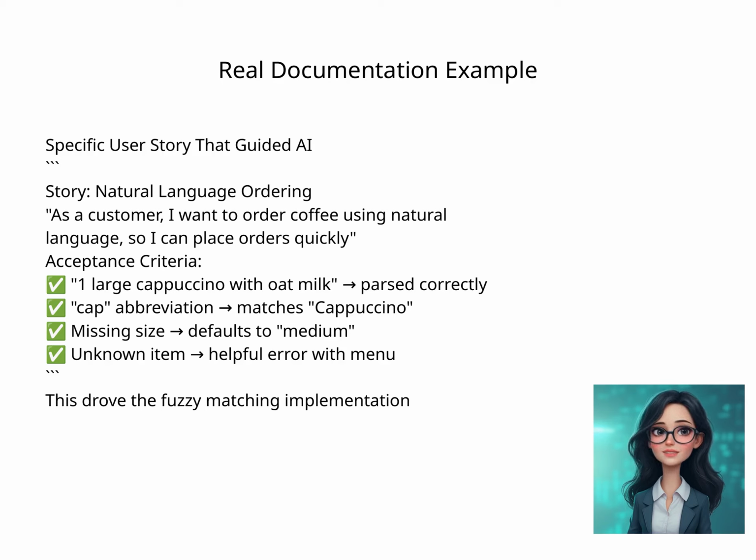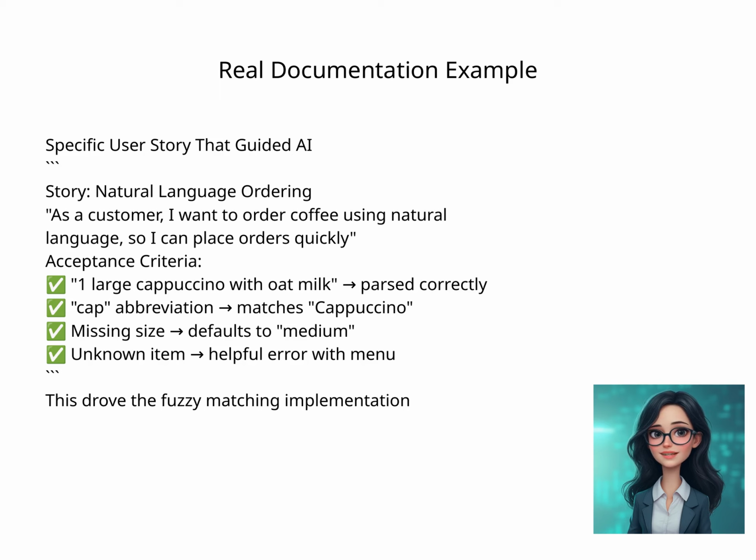Let me show you a specific example of how documentation drives implementation. Here's the actual user story we wrote. As a customer, I want to order coffee using natural language so I can place orders quickly. The acceptance criteria specified: 1 large cappuccino with oat milk should parse correctly, cap abbreviation should match cappuccino, missing size should default to medium, unknown items should return helpful errors with the menu.